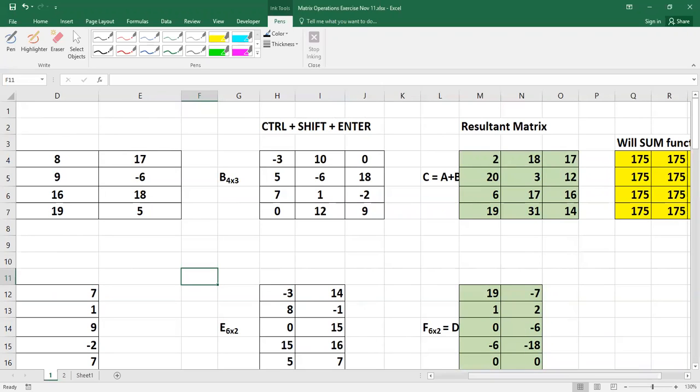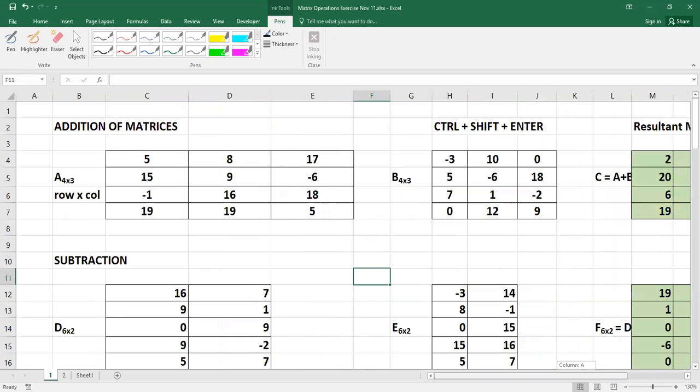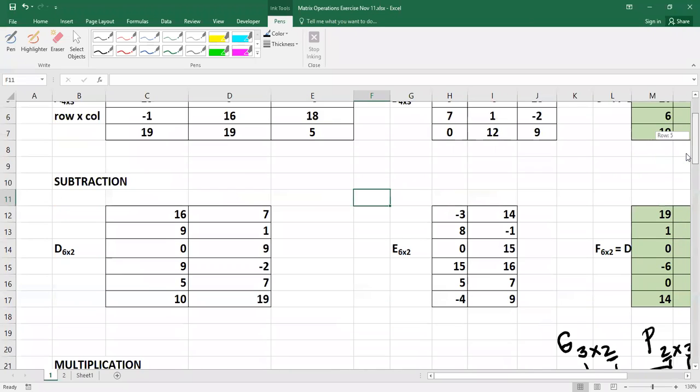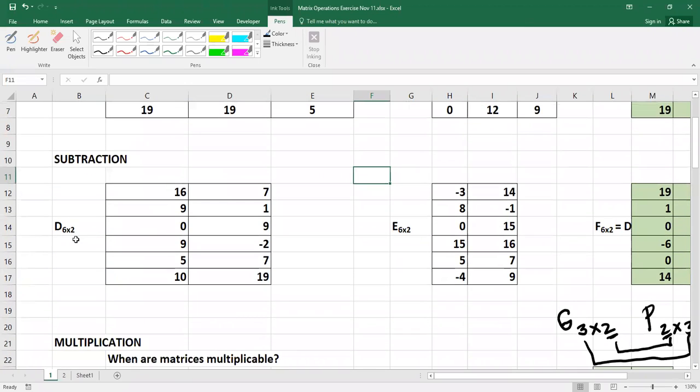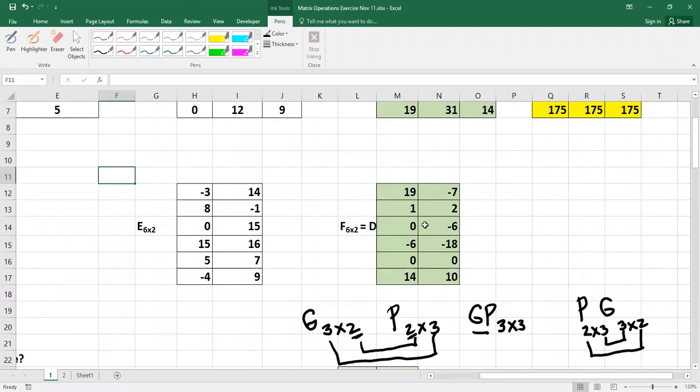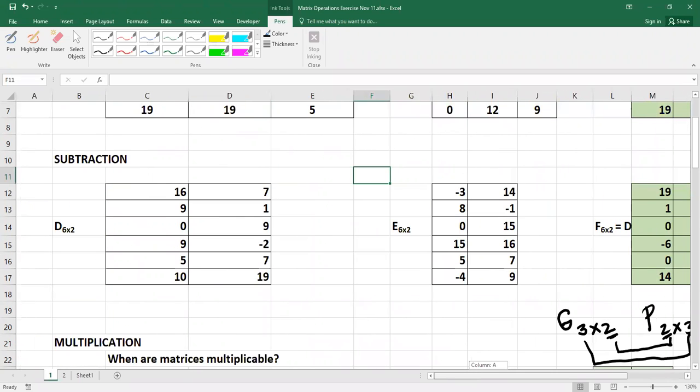You can also subtract two matrices if they have the same dimension. So a 6 by 2 matrix D and a matrix E, 6 by 2, we can create a matrix F, which is just the difference of those two matrices. We can subtract them. All right.